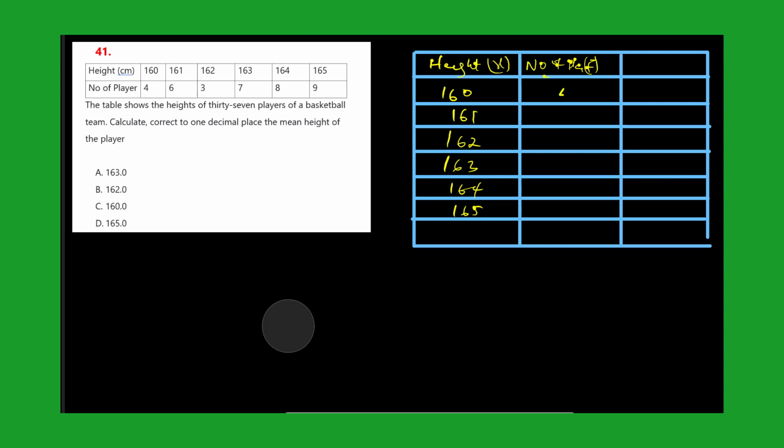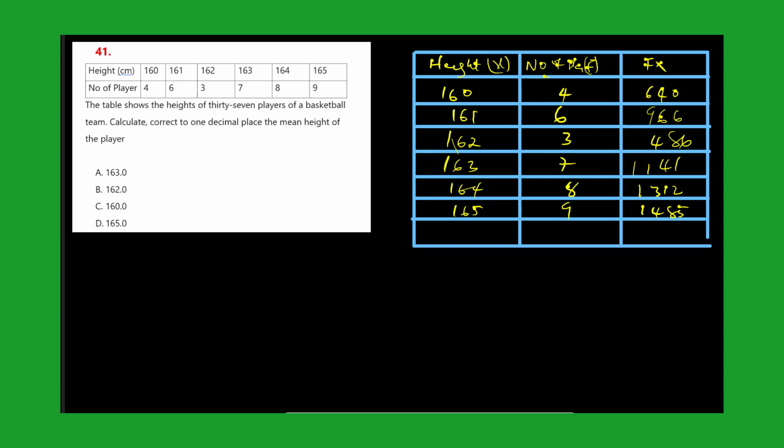Frequency is given to be 4, 6, 3, 7, 8 and 9. So we are going to find the product of the height and the frequency, which is 161 by 6, and so on.